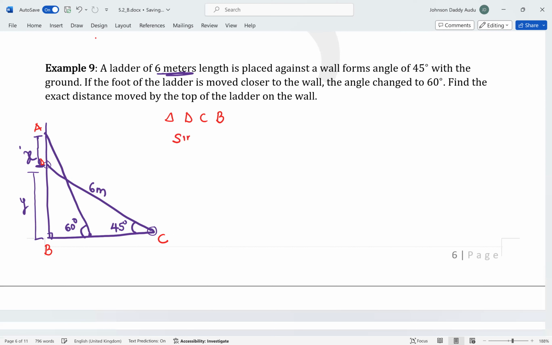So sine 45, if you look carefully, is going to be the line DB over DC. I'm using triangle DCB, so take note of that.